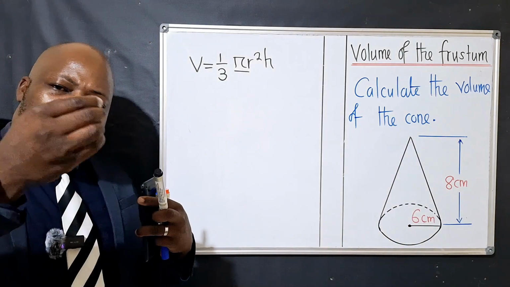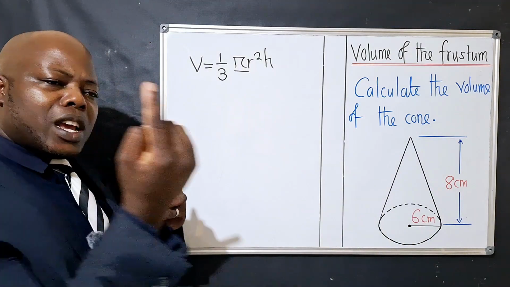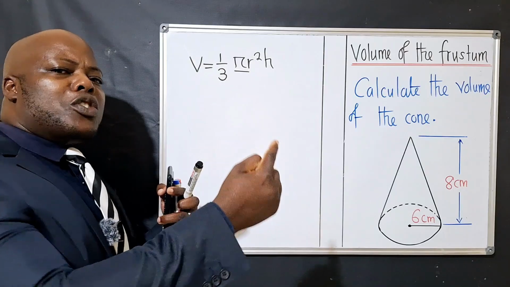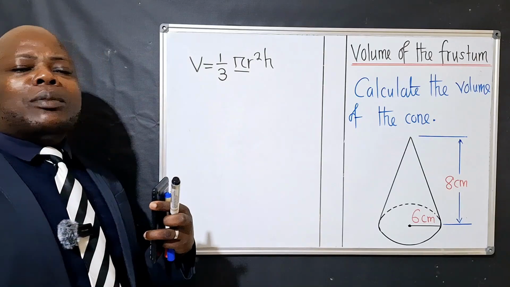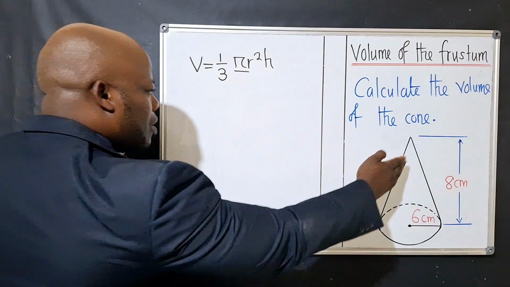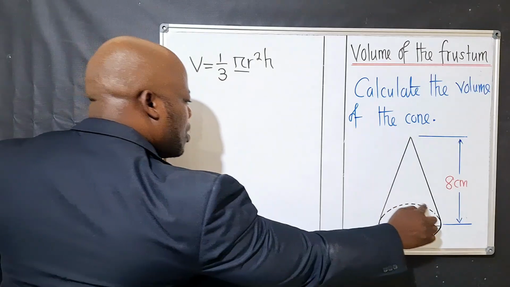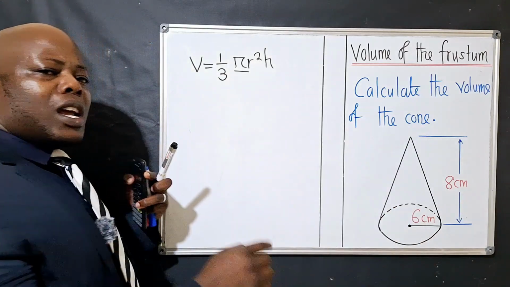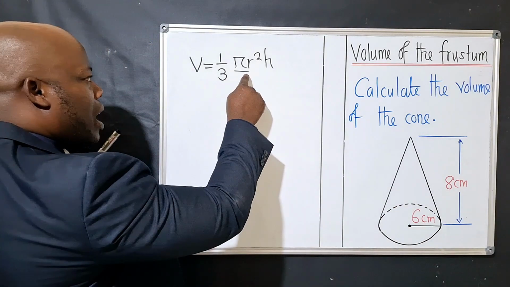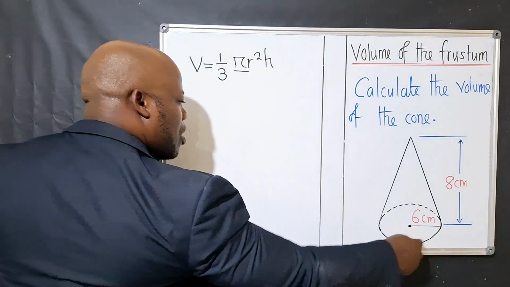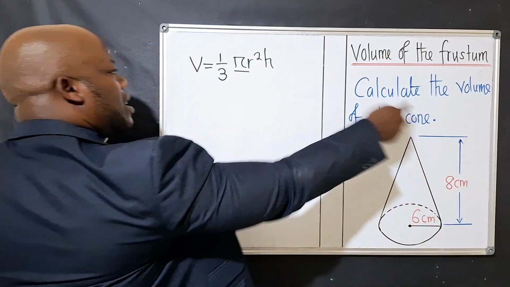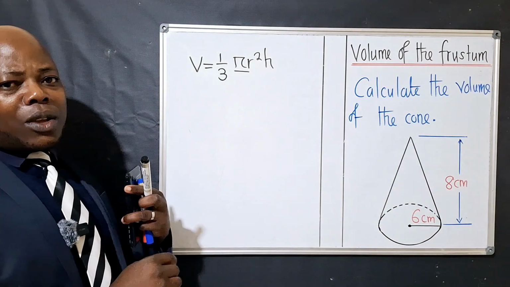So for volume, you always find the area of the base, and you multiply it by the height of that figure you have. So you can see this shape right over here. The circle here is the base. Therefore, we'll say pi r squared, which is the area of the base, times the height. This is the height, h. Okay.